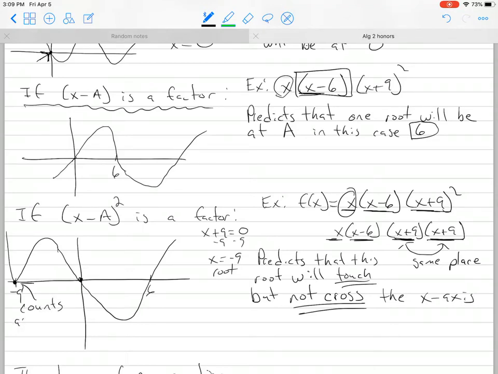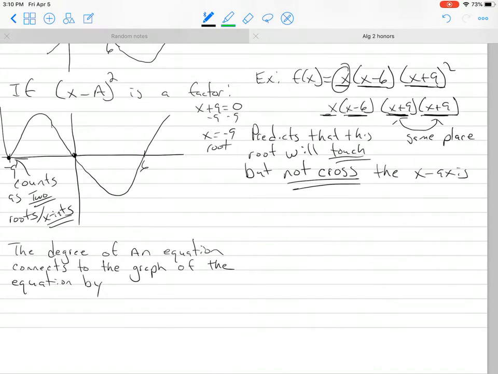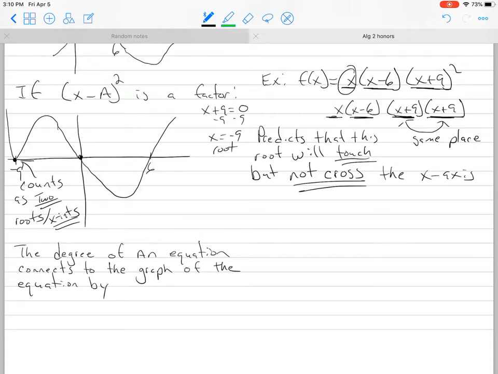This counts as 2 roots, slash x-intercepts. That's a key: noticing that it counts as 2 roots. So here's 1, here's 1, here's 2 of them. That makes 4 total roots. We have to be clear with that.